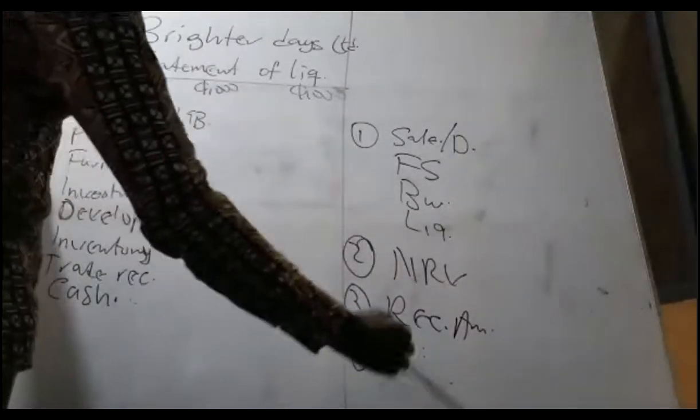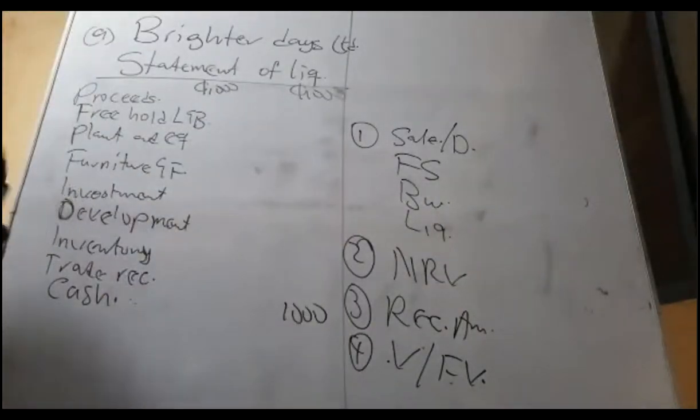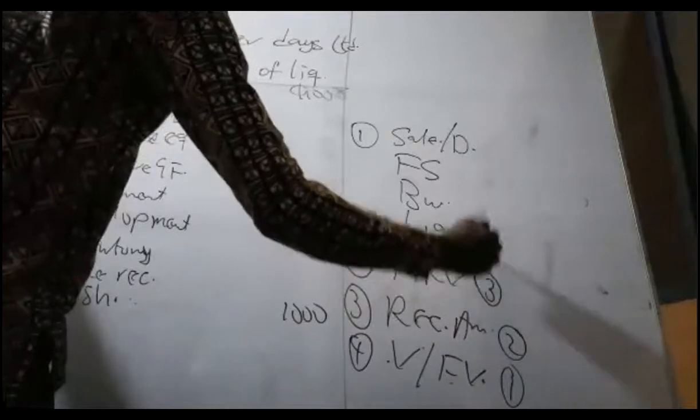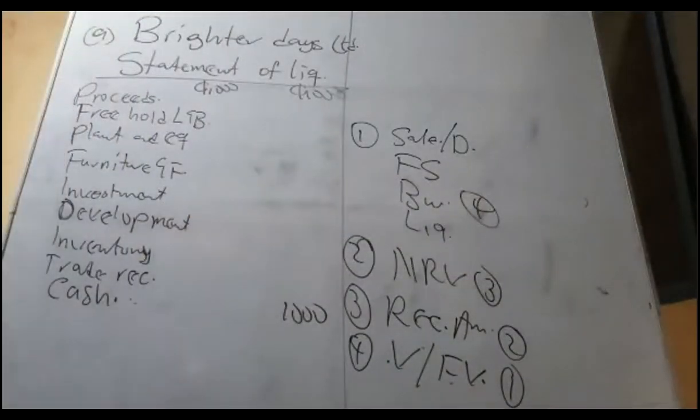Then number 4, we said the value in use versus the fair value. That is all. Liquidation is like this. Then with the going concern values, that is the maximum loss, is the reverse. That one starts like this. So maximum loss, this one will be the first one, second, 3, and 4. So take notes of that.